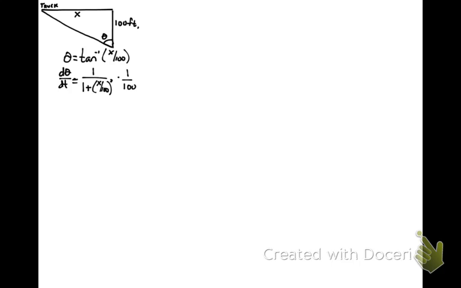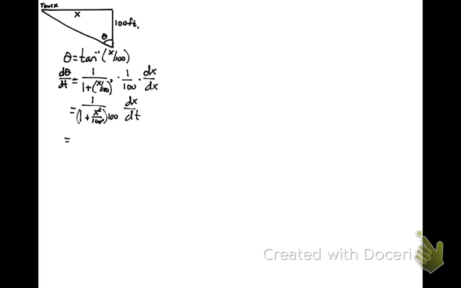And since we took the derivative of x and not t, we have to remember that we'll have dx dt in this. And we can clean this up a little bit. This will end up being 1 over 1 plus x squared over 100 squared, and all of that is times 100 dx dt.